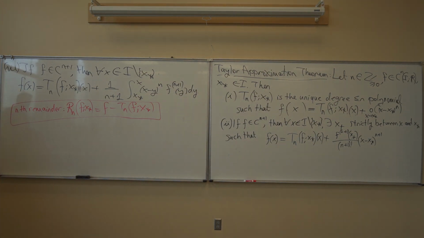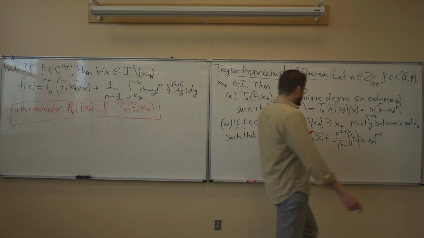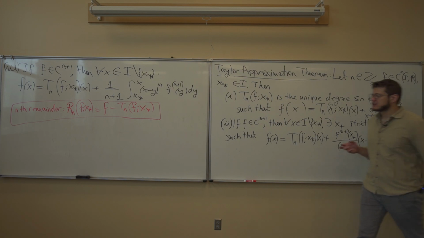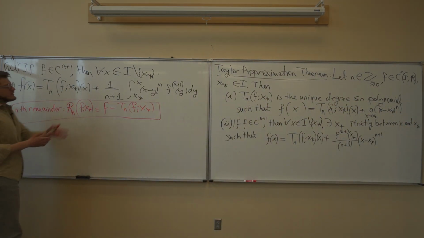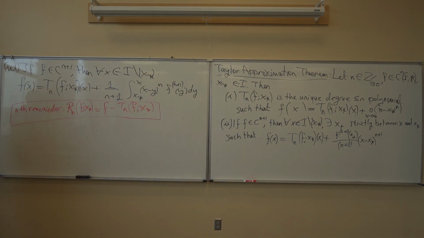The first statement says that the remainder is small. The second statement says that I can express the remainder in this form for some x dagger. The third says that I can express this remainder as a certain integral. For different applications, these forms turn out to be more convenient. Any questions about this?